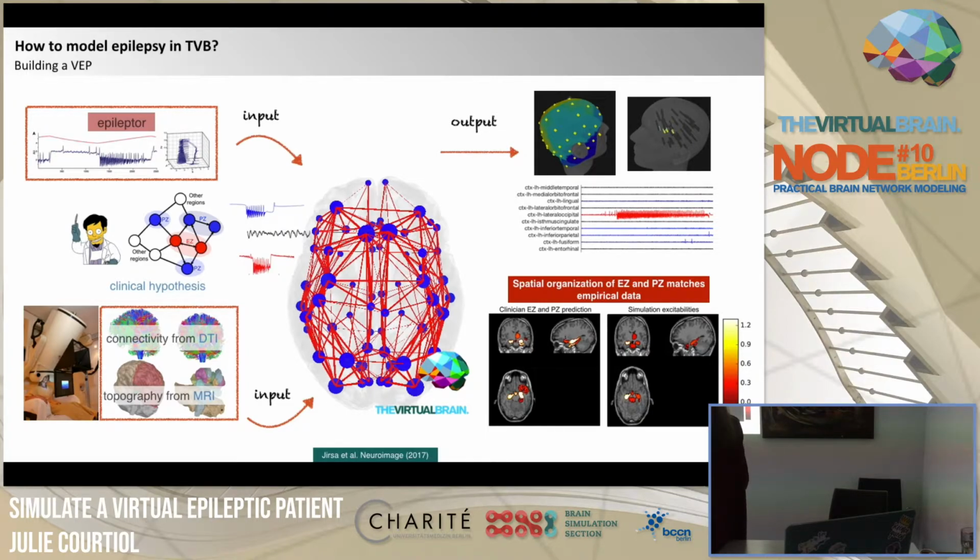So here on the left, in the yellow zone, it is the epileptogenic zone, and in red, it is the level of the excitability of the node, and in red it is the epileptogenic, the propagation zone. Here are our simulations, and as you can see, there are some similarities between them.